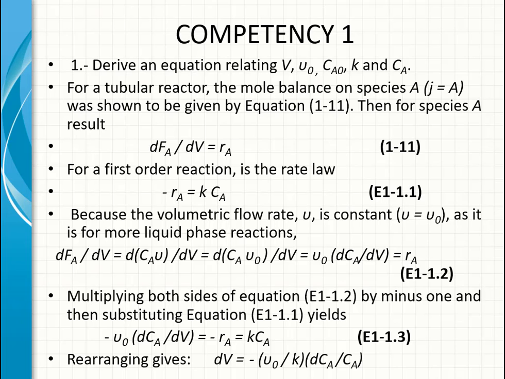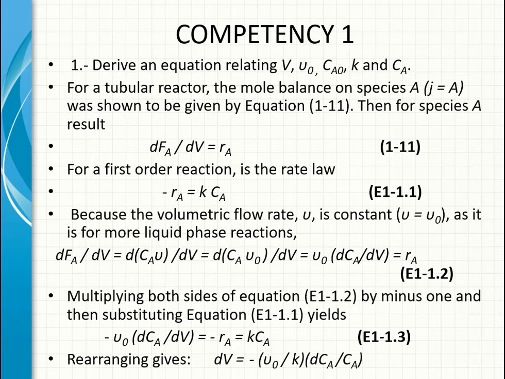So we will have d of CA times V, all that divided by dV, is equal to d of CA times the volumetric flow rate at the entrance, V0, divided by dV.